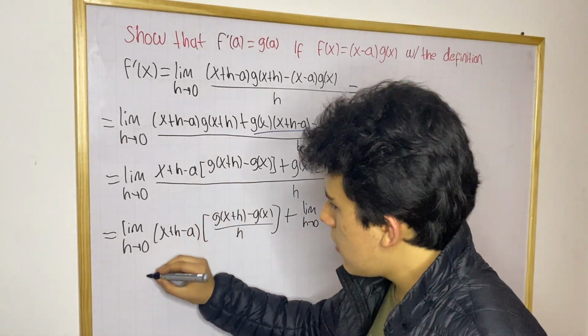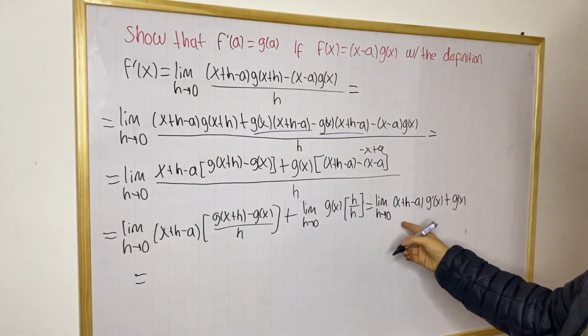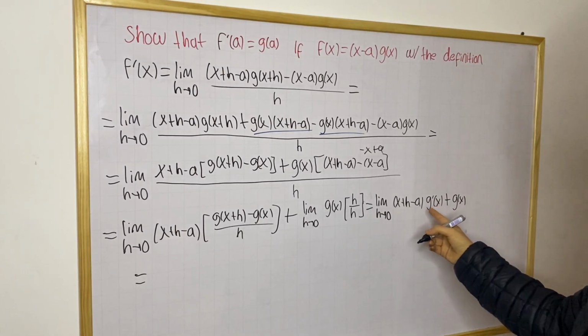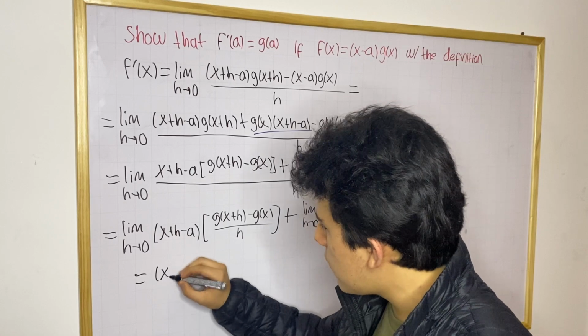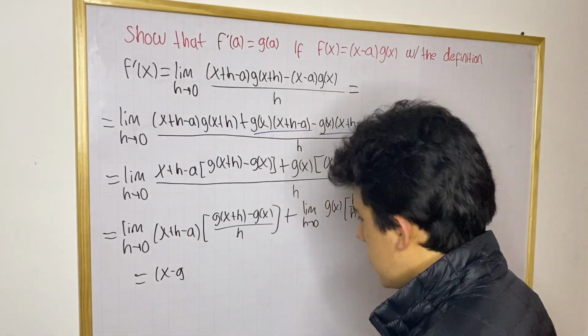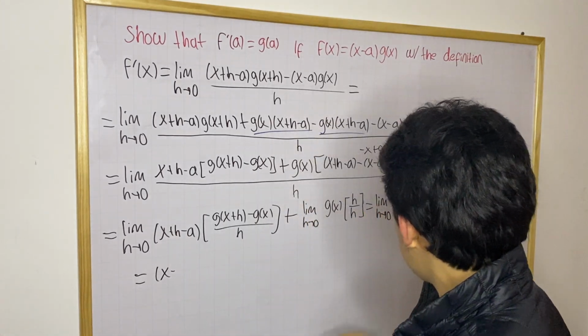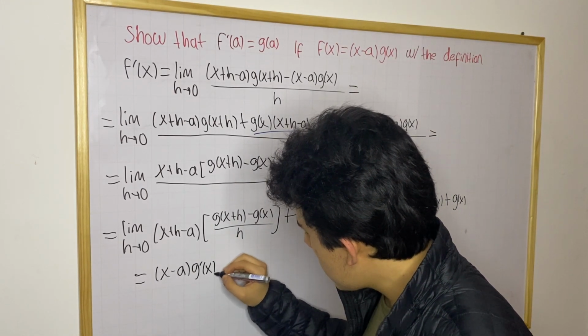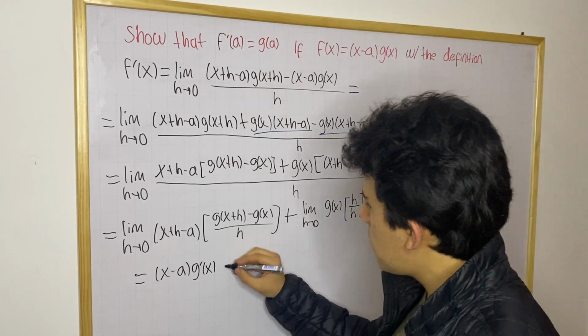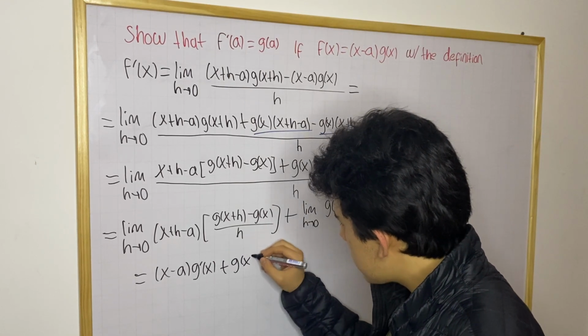So let's do it over here. We know finally that in this limit, we only have this h, and this h is going to 0, so it does nothing. So we just get that the derivative will be x minus a times g prime plus g of x, okay?